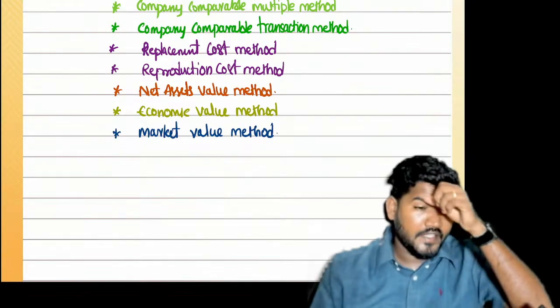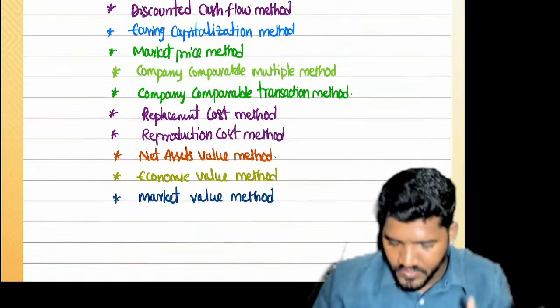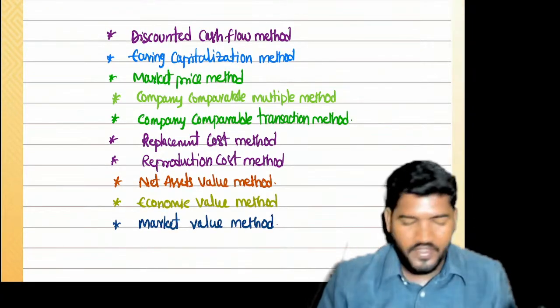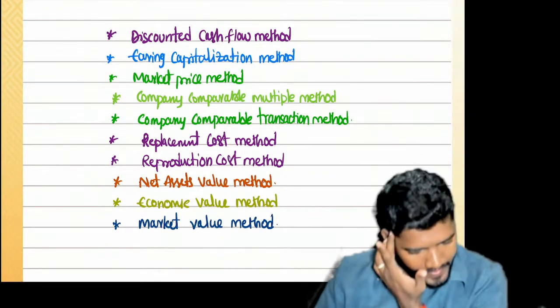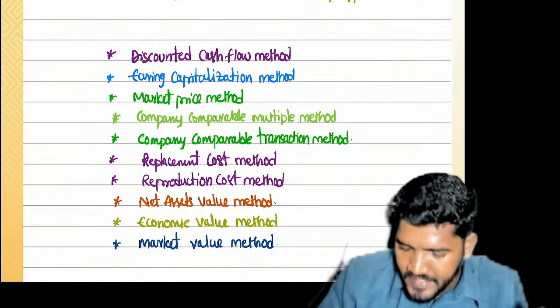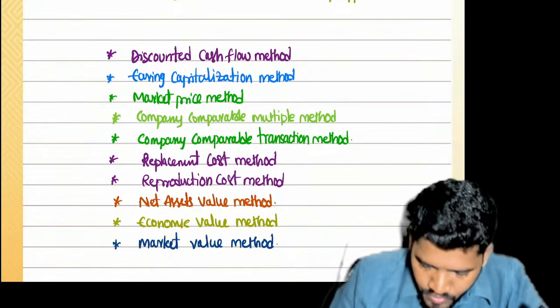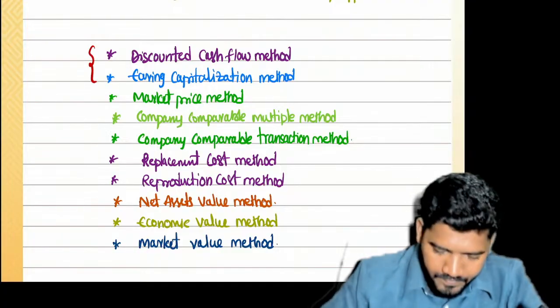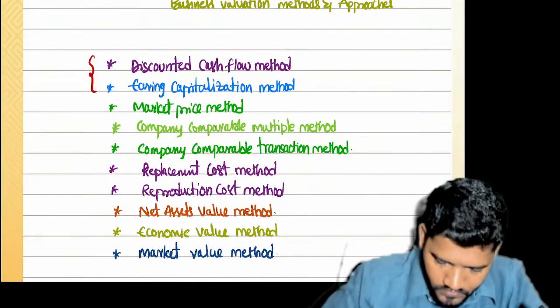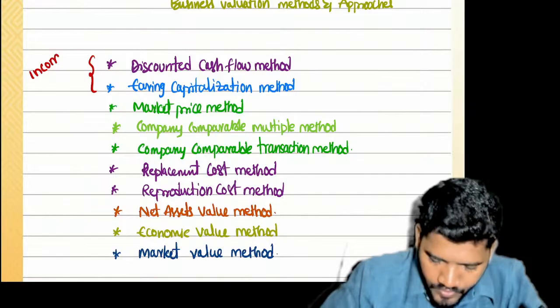So these are the methods we have, guys, for the purpose of valuation. You already know the basic version. Methods are classified from approaches. These two methods are classified under the income approach.